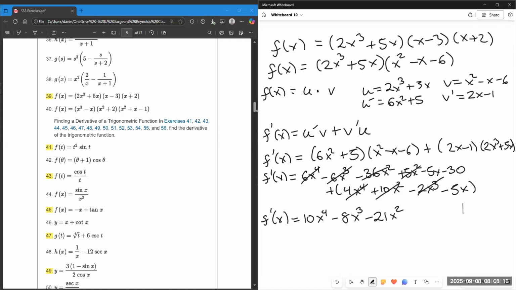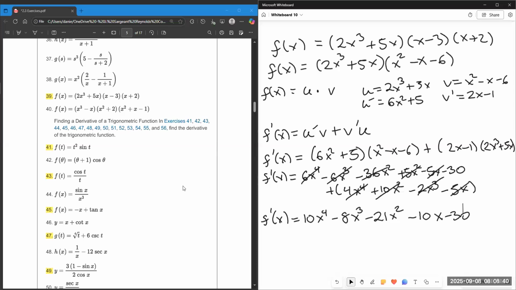And there's a couple x terms, so negative 5 and negative 5 is negative 10. And then this constant of negative 30. So that was number 39. I would not try and factor that. I'd just leave that like it is.